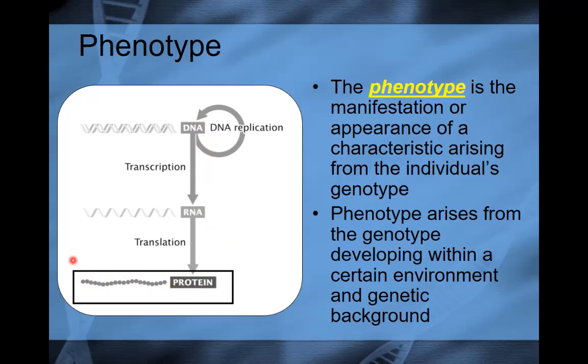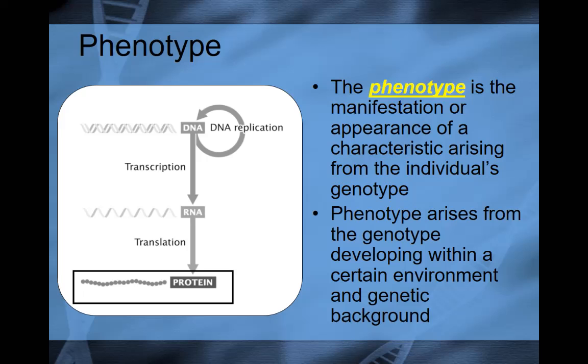Okay, so DNA sequence, genotype; protein sequence, phenotype. Okay. And the phenotype is going to vary a little bit depending on the environment and the genetic background of the individual who's being analyzed.